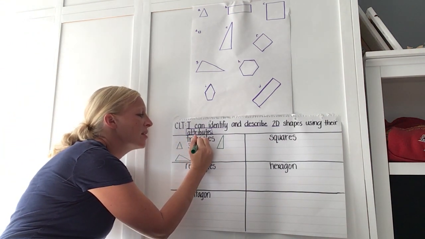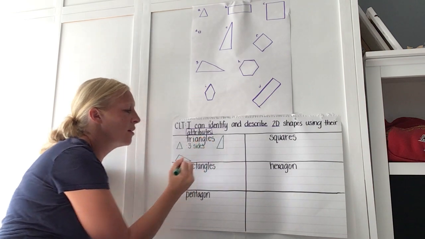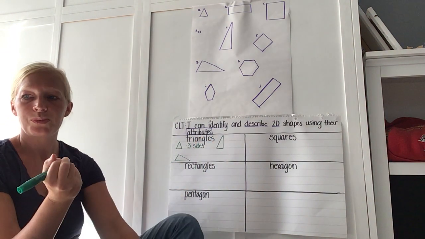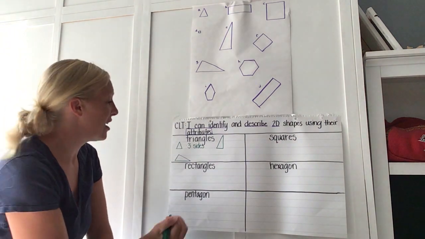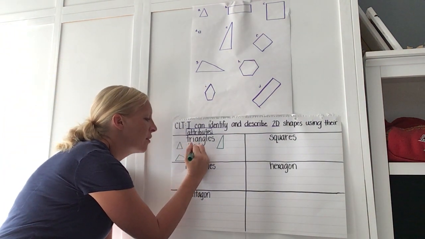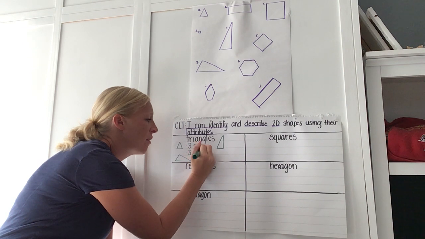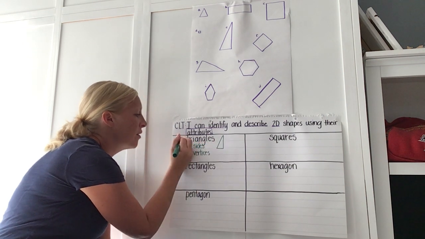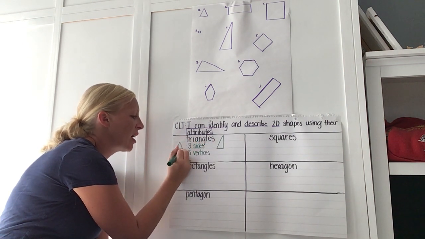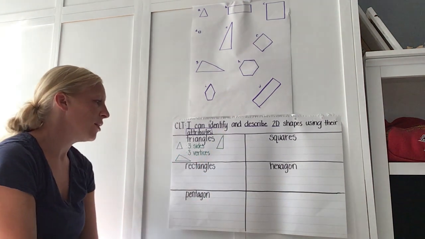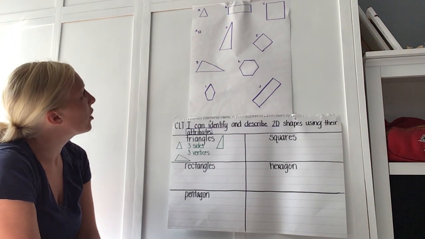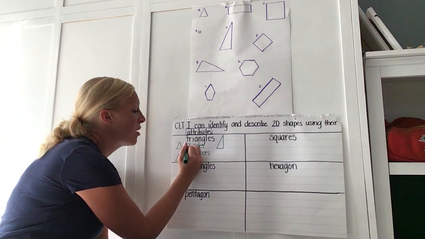3 sides. What else do we know? 3 vertices, where those sides come together. What else do we notice? Or what else do we know about a triangle?